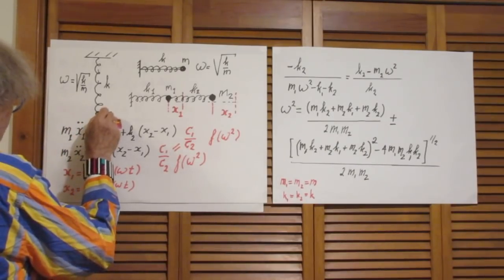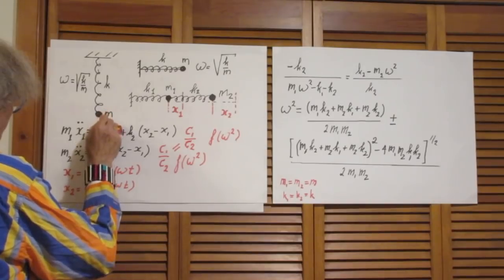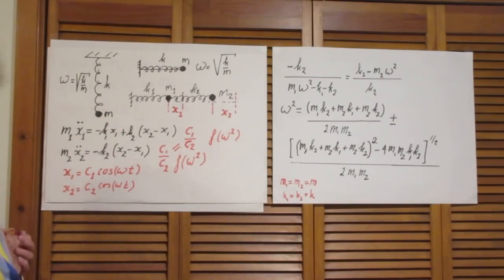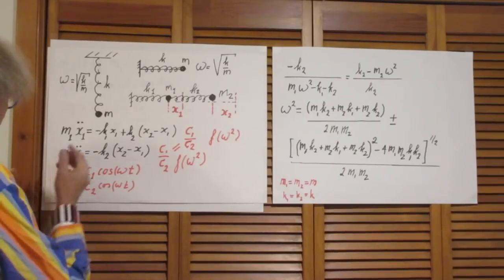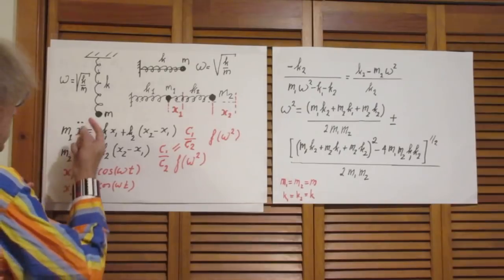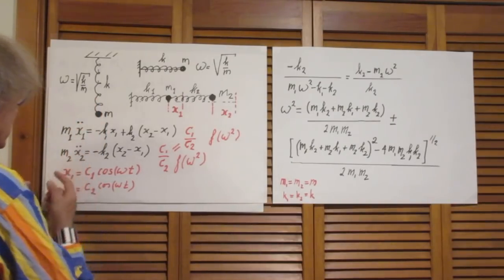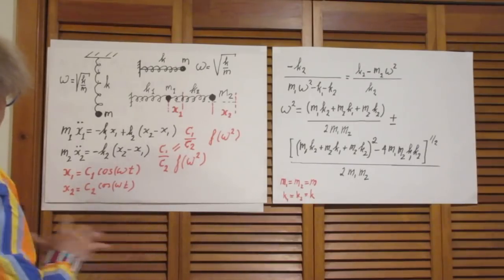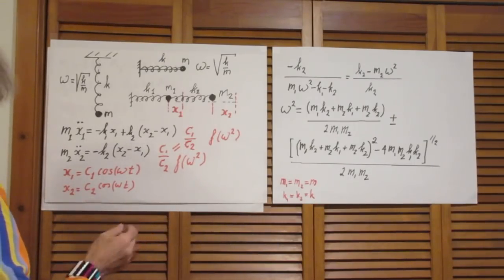Now if I lower this object over a distance x, according to Hooke's law, the restoring force from the spring will be minus kx. Gravity has nothing to do with that anymore.